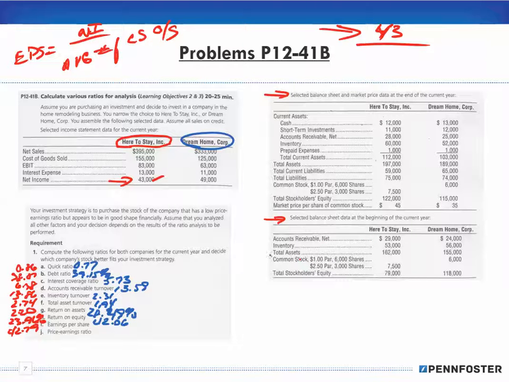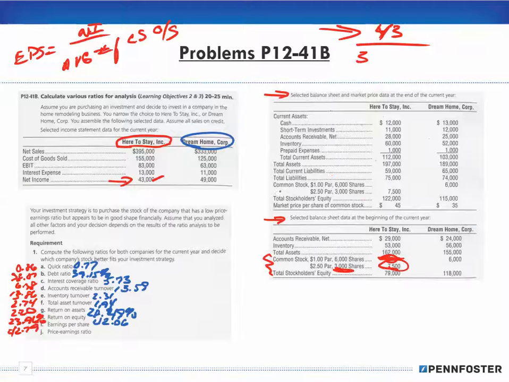When we look at the information for the common stock, we see that we have $1 par, 6,000 shares, but there's no value here. This is zero, which means there's no shares outstanding. And we have $2.50 par at $3 a share, and that value is 7,500. So that means there's 3,000 shares at the beginning of the year.